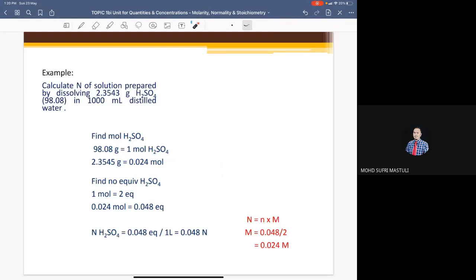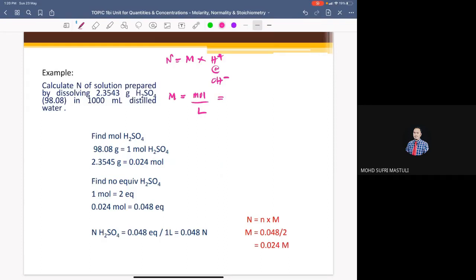Calculate the N of the solution prepared by dissolving 2.3543 gram of sulfuric acid in 1000 ml distilled water. I will use the formula of normality, molarity times hydrogens, or OH minus. I have to calculate the molarity, which is mole per liter.